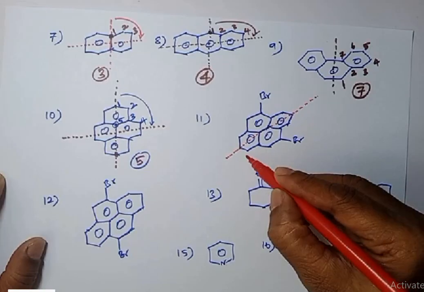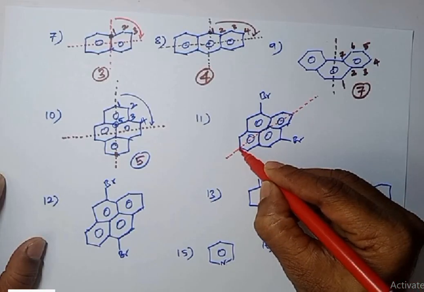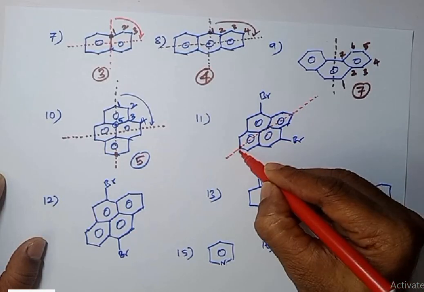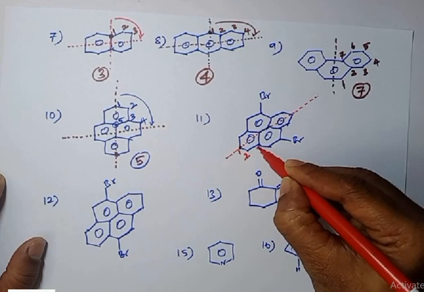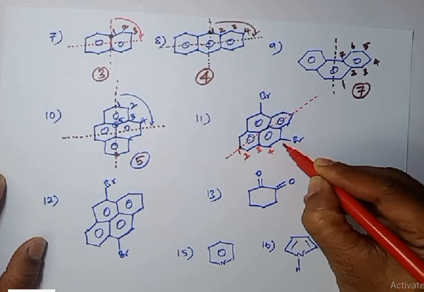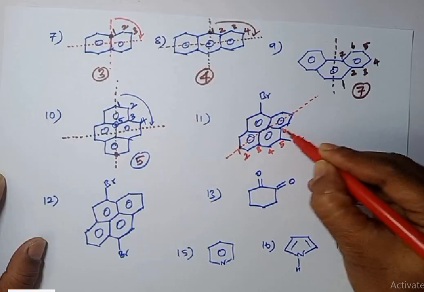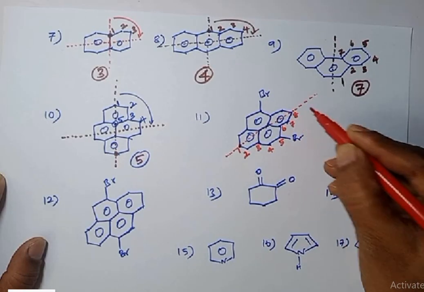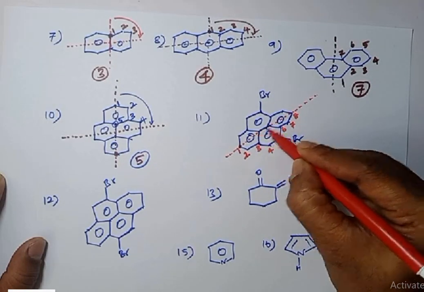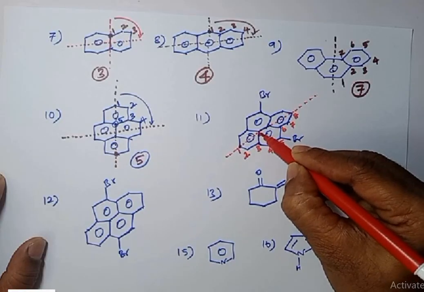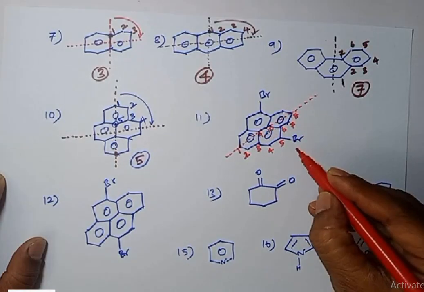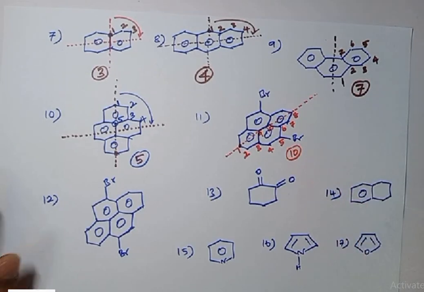Let me count on this side. Here I have 1 carbon, passing through the plane, so you should count it. 1, 2, 3, 4, 5, 6, 7, 8, and in the middle we have 2, because the plane is passing through those carbons also. 9 and 10. Yes, this compound will give 10 signals in the C13 NMR spectrum.